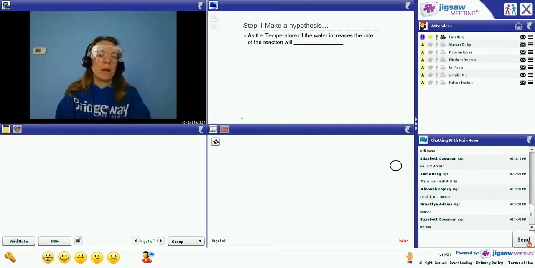Just jot it down on a piece of paper so that you know what your hypothesis was.